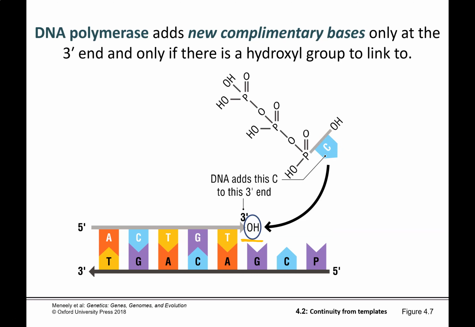This is important because we can only add to the free 3' end. So we have a free 3' end here, and we have another one here. We just don't have any unpaired nucleotides drawn there. But we should have a free 3' end on either side of our strand, really.